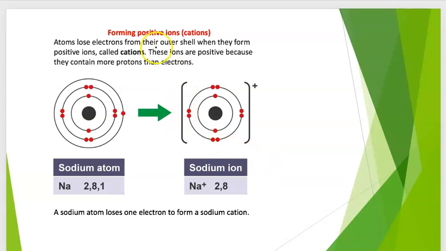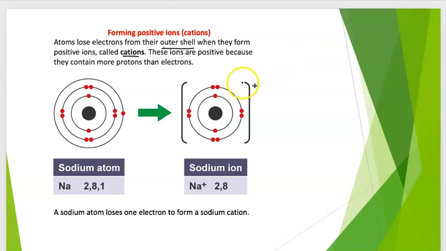Atoms lose electrons from their outer shell when they form positive ions called cations. So cations are formed by the loss of electrons from the outer shell, and anions are formed by the gain of electrons to the outer shell. An example of an anion is the oxygen we just looked at.